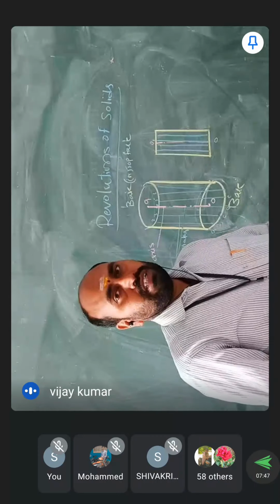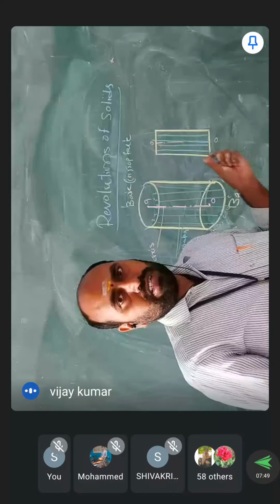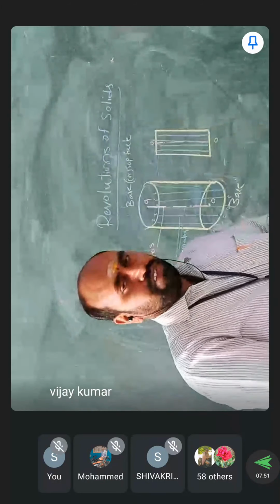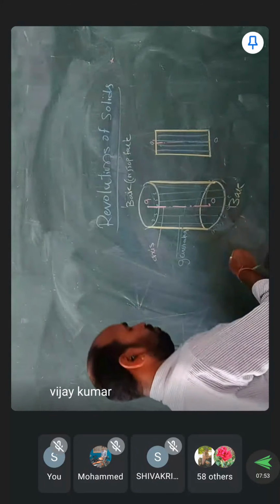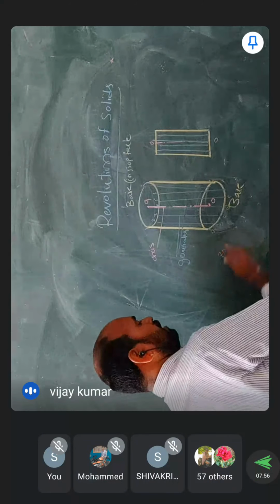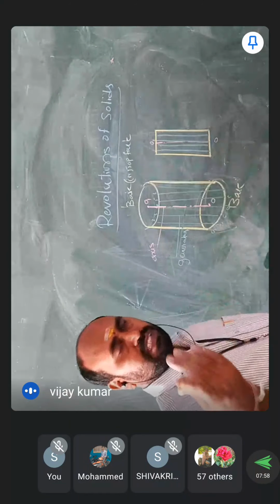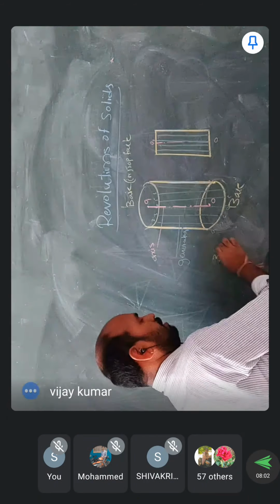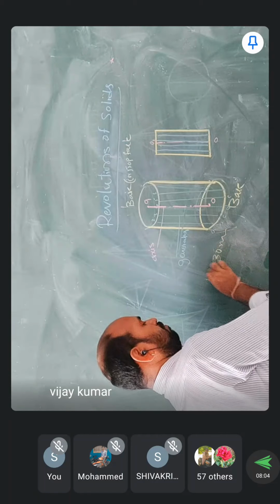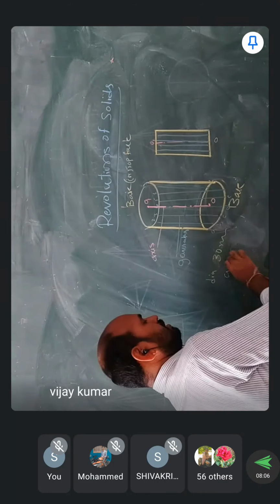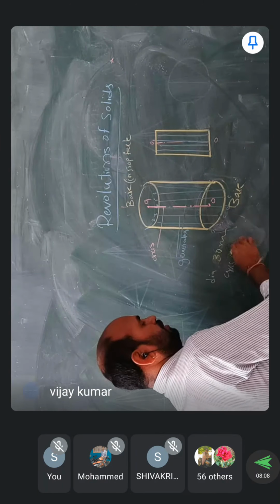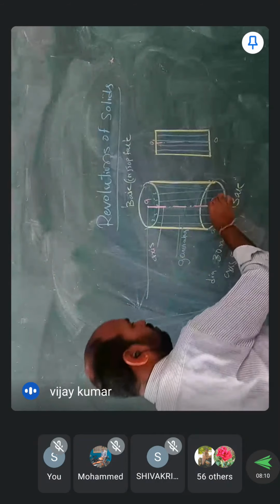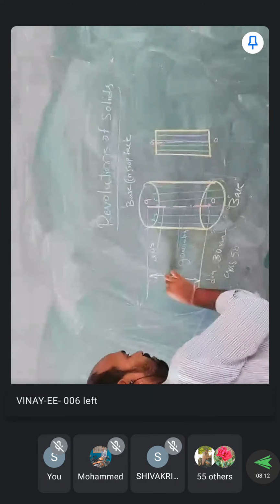If he wants to ask any question on the cylinder, for example base dia or dia of the cylinder, base dia means the dia of the circular shape. 30 mm and axis 50 mm. It means the center to center is 50 mm.